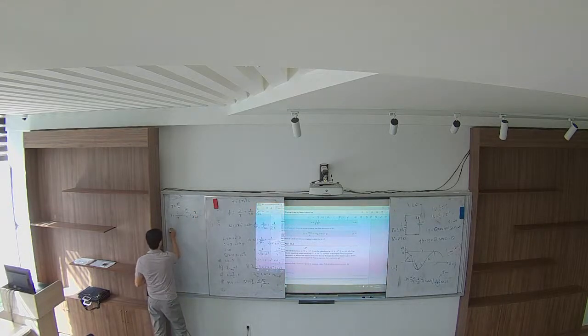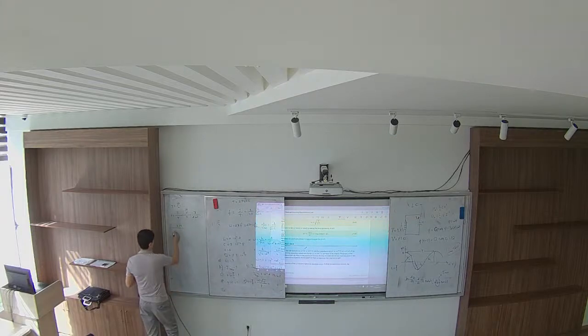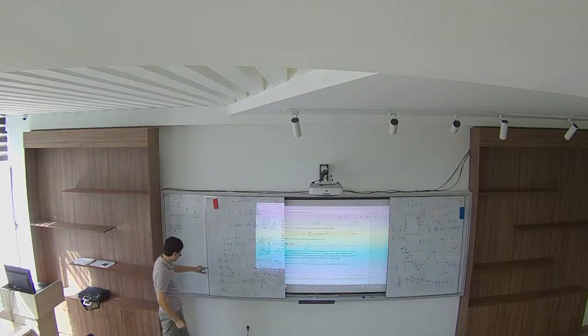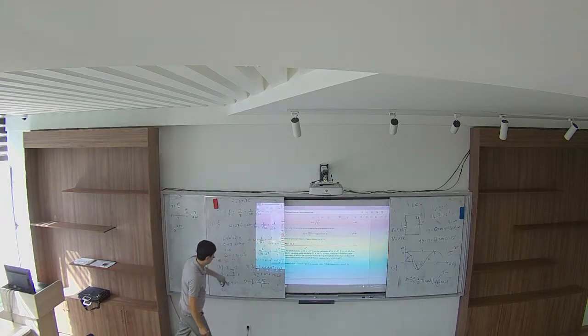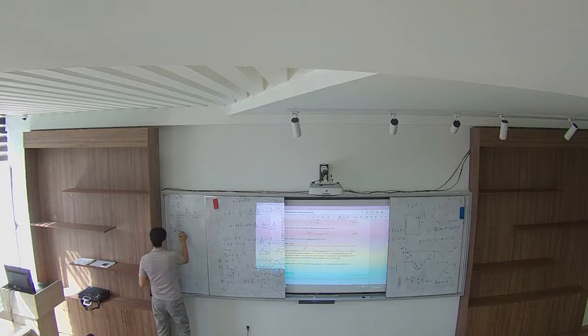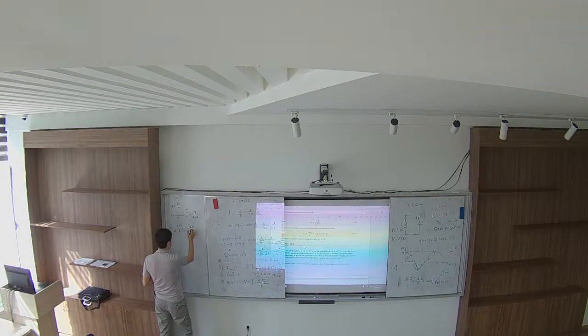And this is 3.14 divided by 2 times omega, which is 2.5 times 10 to the 3. 3.14 divided by 5, or 2 pi divided by 10, so I just multiplied both denominators. That's in seconds.